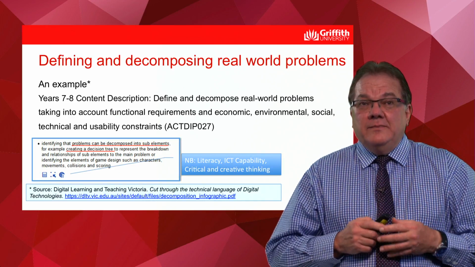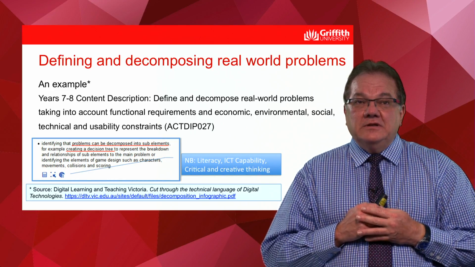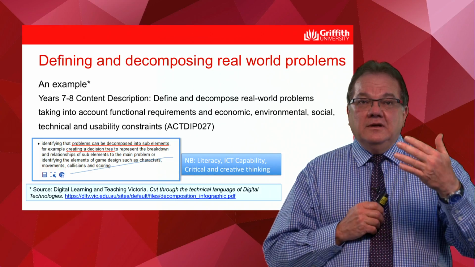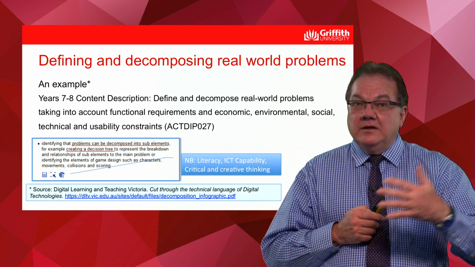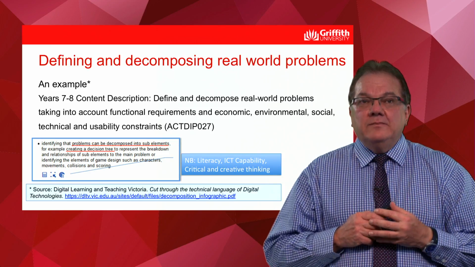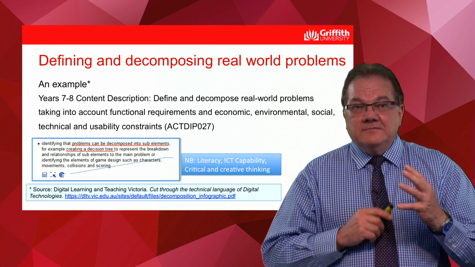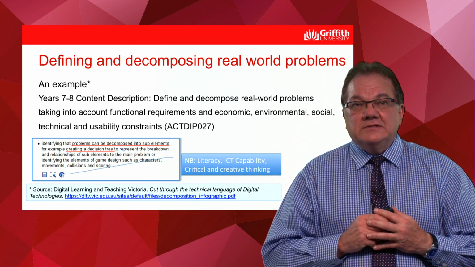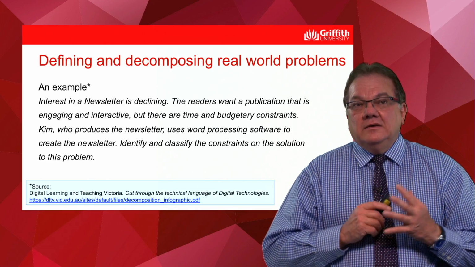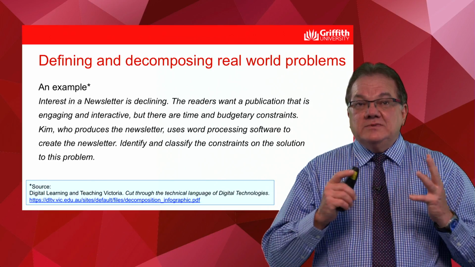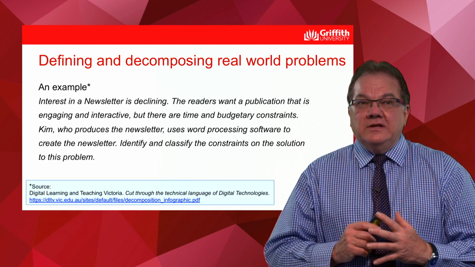In defining and decomposing real-world problems, here's an example of a Year 7-8 content description, and note that literacy, the ICT capability, critical and creative thinking are also able to be developed, those general capabilities able to be developed as students work through this process. So here's an example: interest in a newsletter is declining, the readers want a publication that's engaging and interactive, there's time and budgetary constraints.